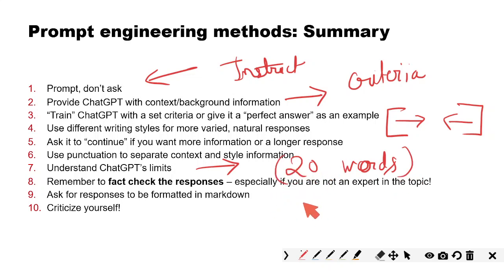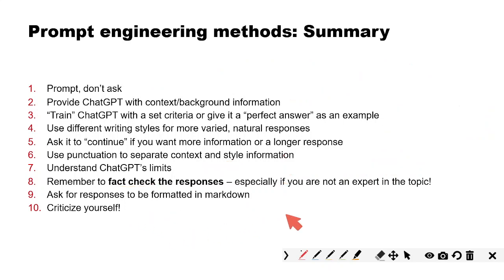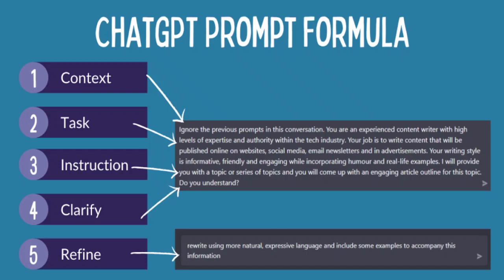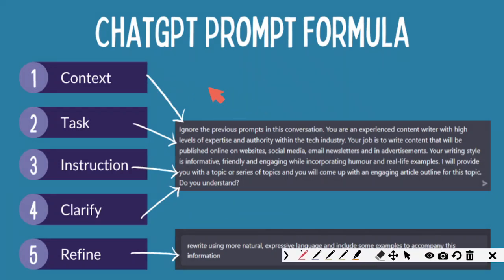Always try to proofread or fact check your responses, because data might be inaccurate, which I have already shown you. Criticize yourself, so you can also evaluate your resume or LinkedIn profile for that matter. That is also a possibility. This is again one of the examples. For example, here: ignore the previous prompt. I am trying to give an example of the context, and then your job is to write.